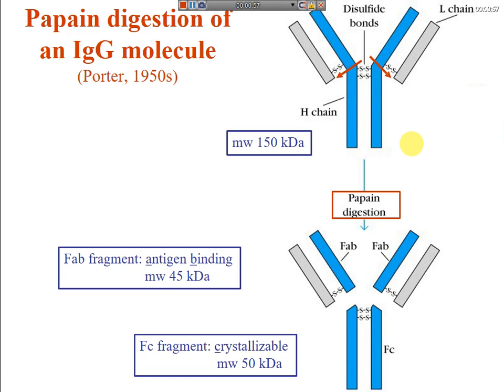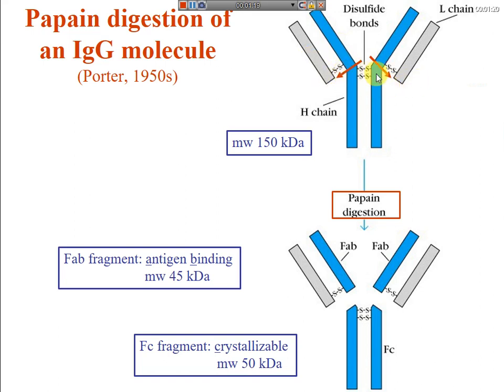So papain digestion of an IgG molecule has been taken here as an example. For the first time, it was done by Porter in the 1950s. Papain, which is a protease, cleaves an antibody molecule just above the disulfide bonds. The light and heavy chains are held together by disulfide bonds, right?